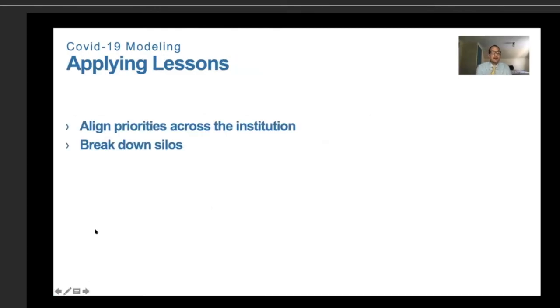And so what other lessons did we learn? There were a few things that were really unique here. I've never seen such quick organizational alignment and silos breaking down so quickly. There were analysts from 8 departments in this presentation. So very rapid alignment of priorities, immediate breakdown of silos.